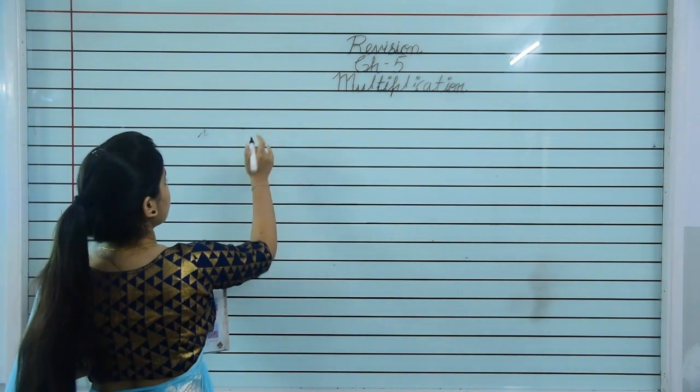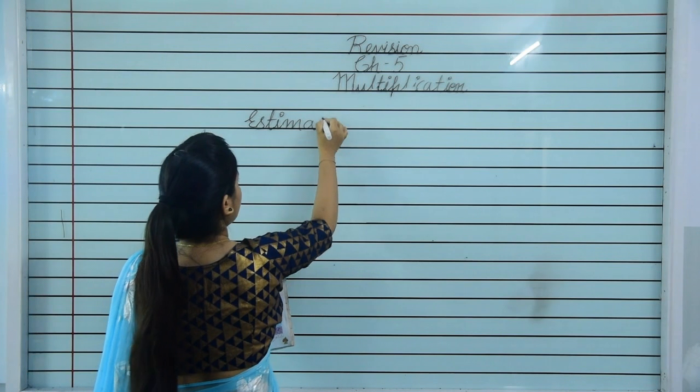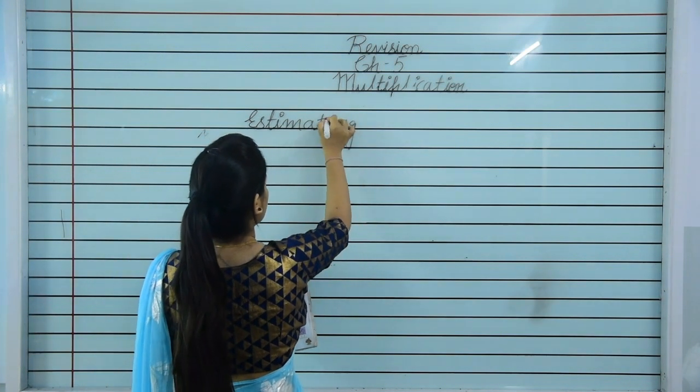Estimating product means first we have to find the estimation, then we'll multiply the numbers.